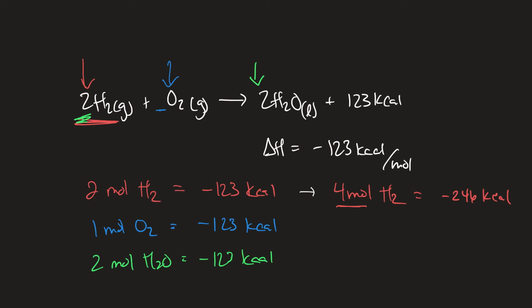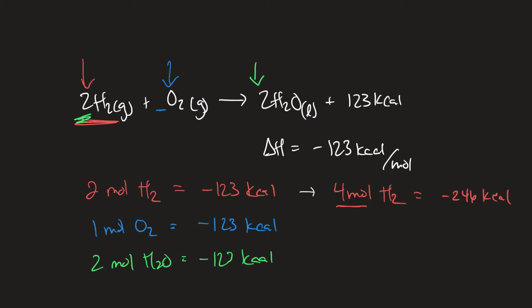Well, this simply means you could figure out how much energy is used, produced, or required based off different numbers of moles or mass of the substances you have. Let me give you an example.